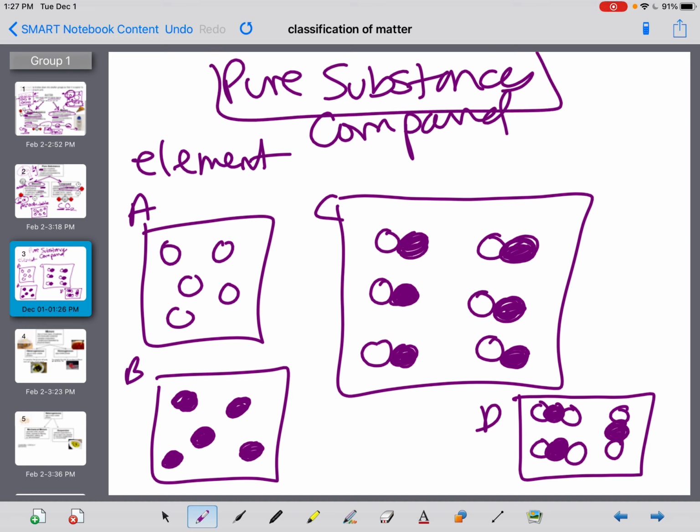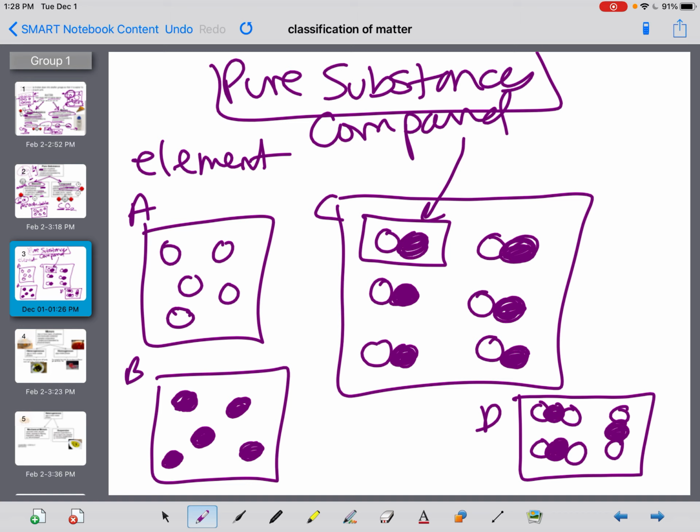So meaning in that block of that type of matter, it's all the same particle on repeat. So for A, we have these single white circles that are there. B, we have single purple circles. For C, we have a compound made up of one white and one purple circle, right? So this would be like one compound.